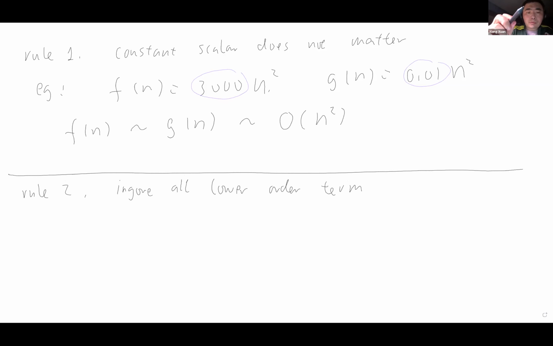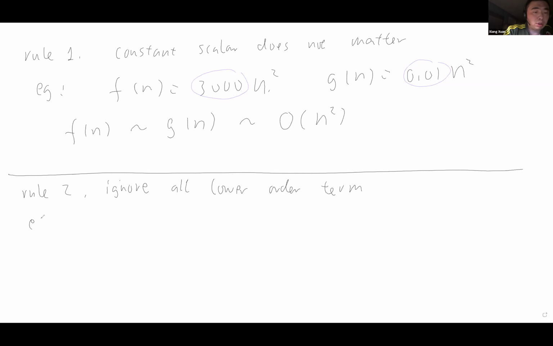Especially if your time complexity belongs to the polynomial family, then we basically know the degree of the polynomial determines it: you are looking at the highest degree, right? So the lower degrees are what we call the lower terms.